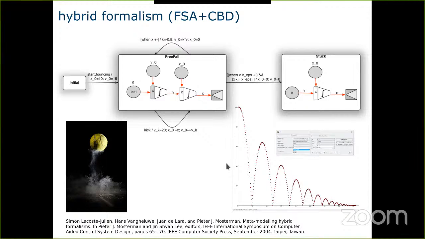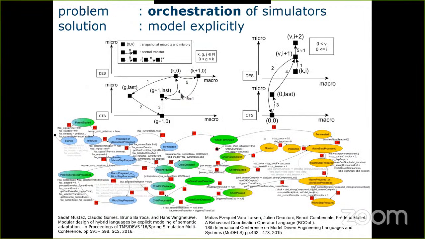So these are all examples of hybrid formalisms. So again, we use the most appropriate formalism. But in this case, it's actually a combination of two formalisms. It's automata, and it is, in this case, synchronous data flow, causal block diagrams, Simulink diagrams. Okay. And of course, if we now look under the hood, we will actually have to orchestrate our simulators.